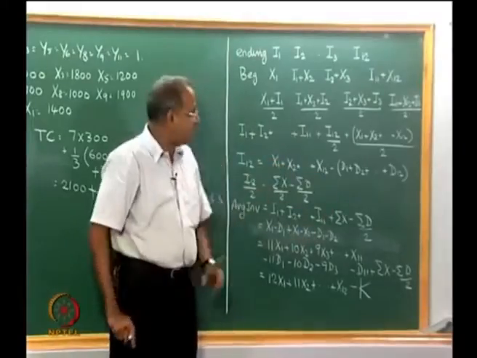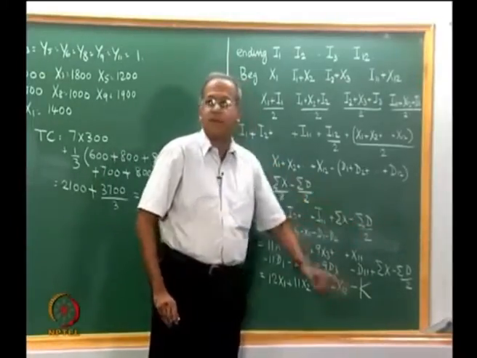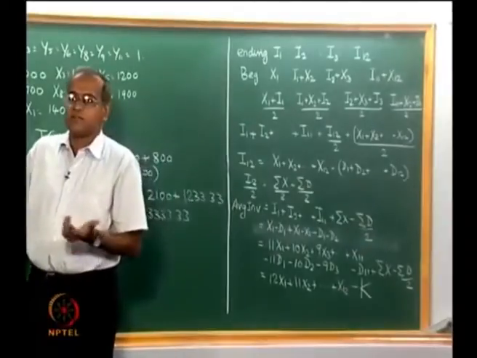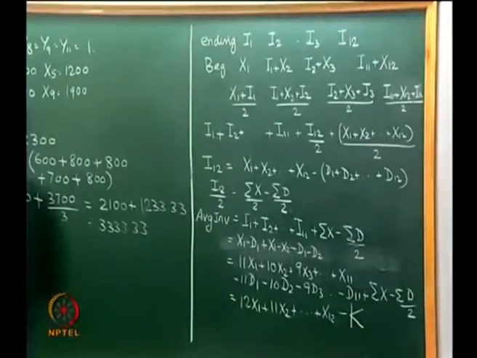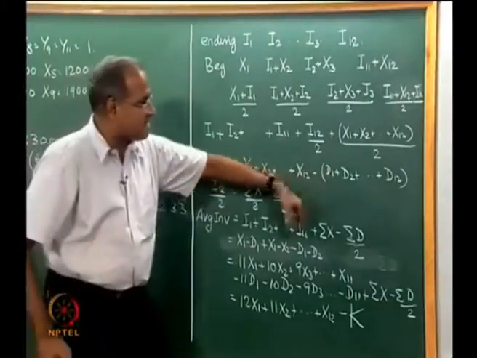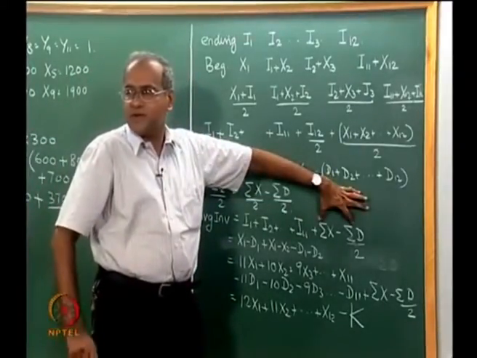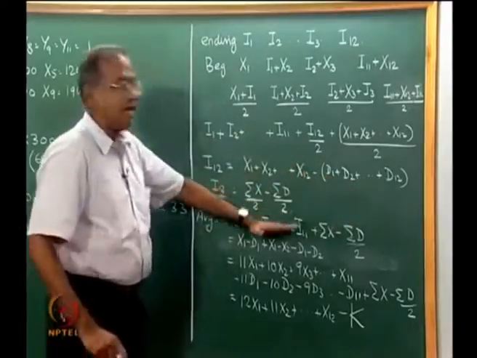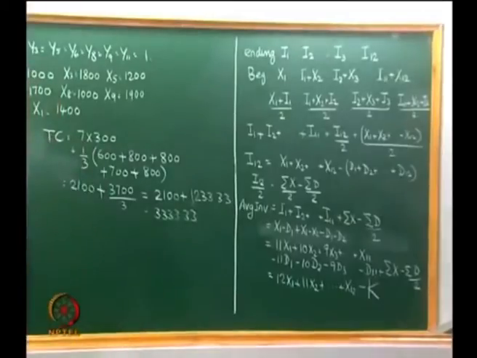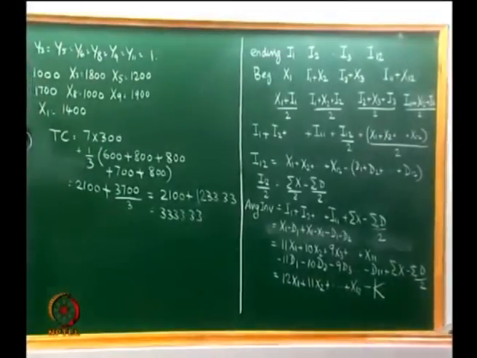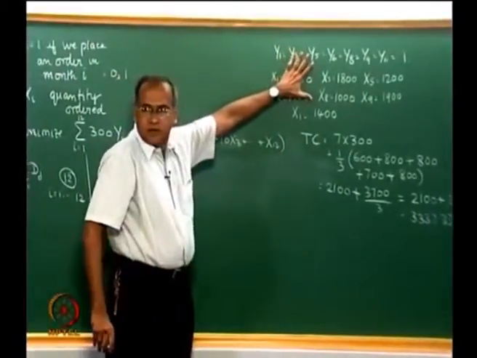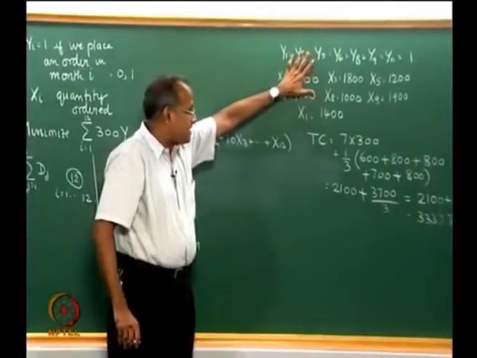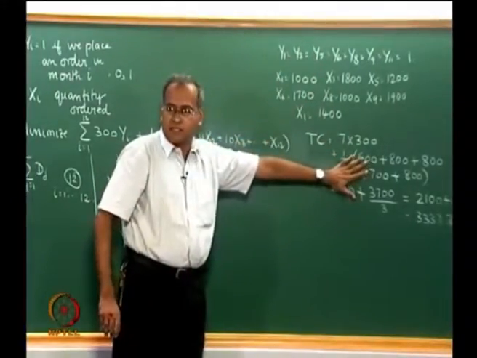By the same reason, sigma x will be equal to sigma d, because when the initial inventory is 0 we will not buy and then finally keep it as final inventory. So this term will essentially become a constant. So average inventory would also lead us to the same solution. We have already seen the optimum solution, and the problem does not change. The only change is in calculating the total cost.